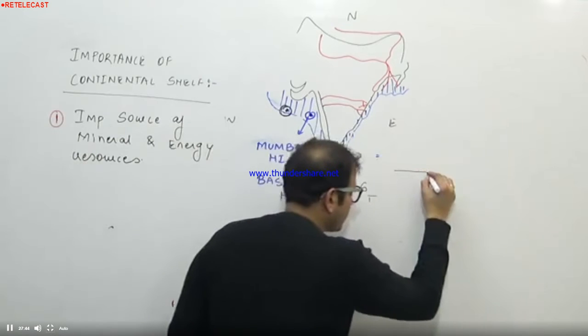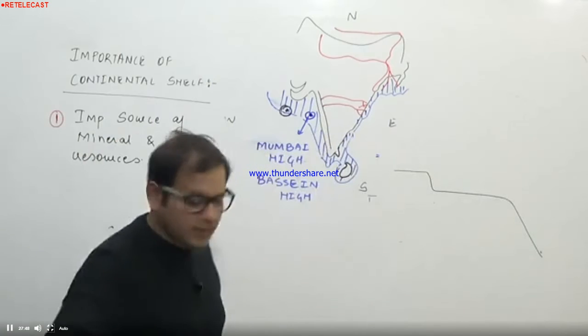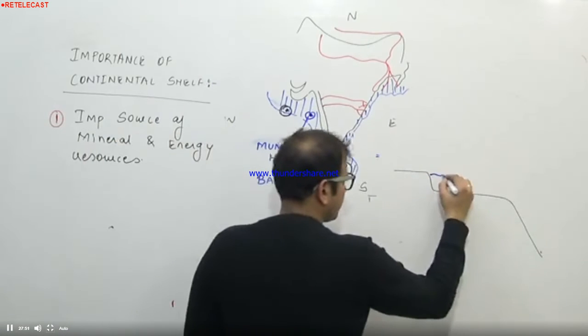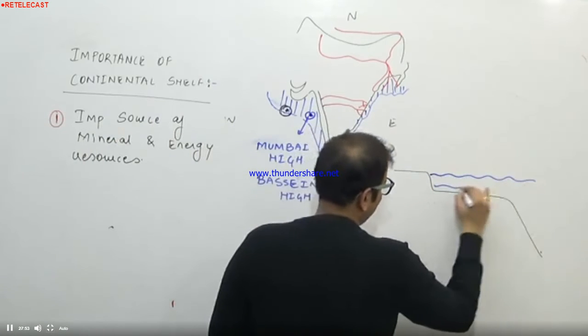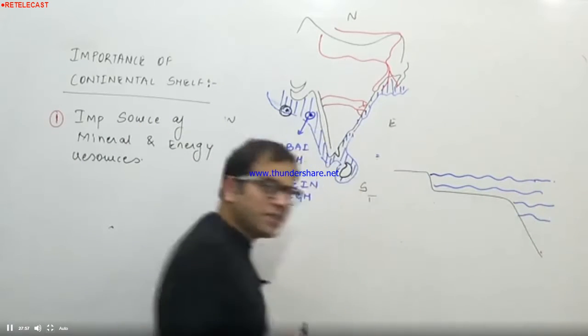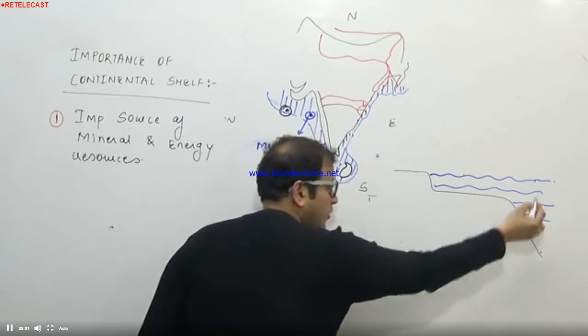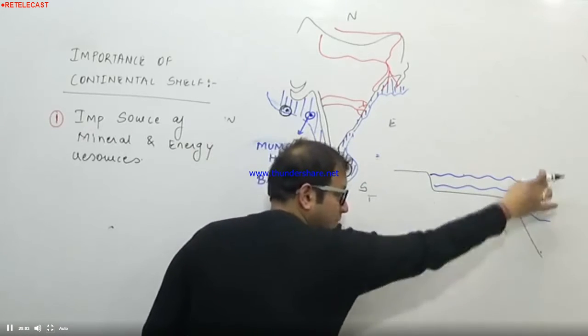Because if this is the continental shelf region and the other is the continental slope, we do not have that much technology to construct a platform for the exploration of oil and natural gas deep inside the sea.